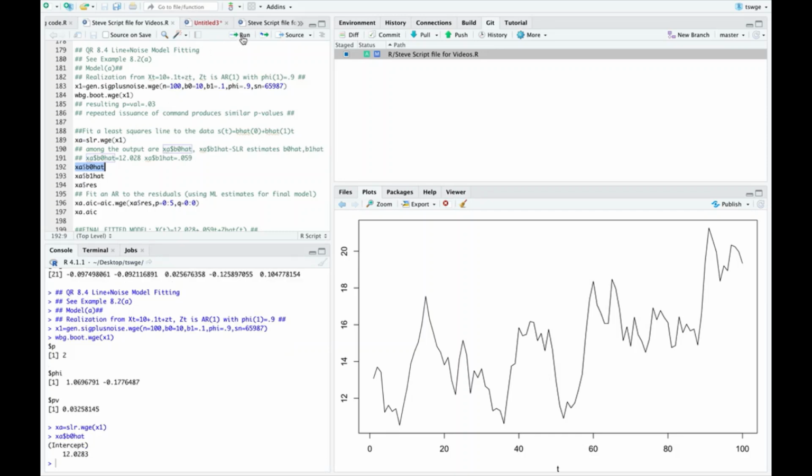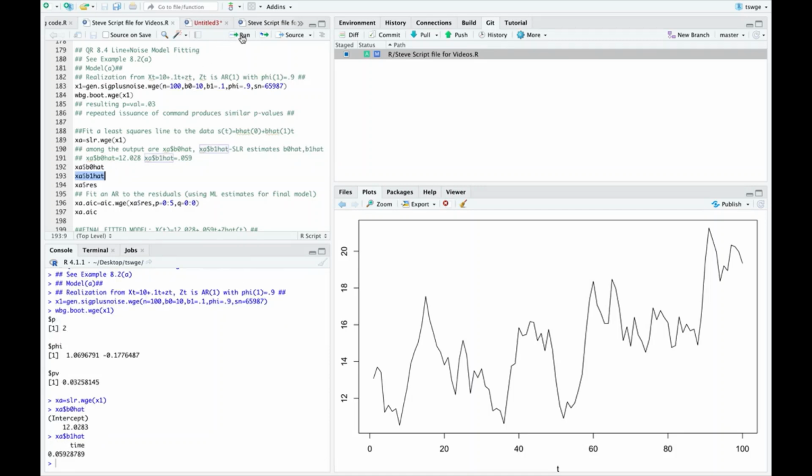Says that it's 12. b1 hat, that's the slope term, is 0.059. Notice that if I'm rounding that, that's 0.06. That's pretty close to my 0.1, just like we got b naught of 12. 12 is not too far away from 10, so it's doing a pretty good job there.